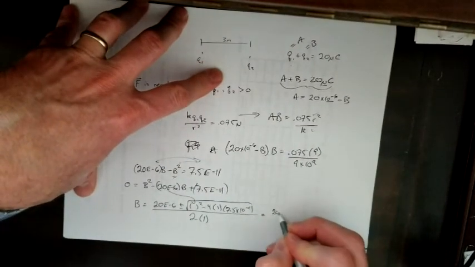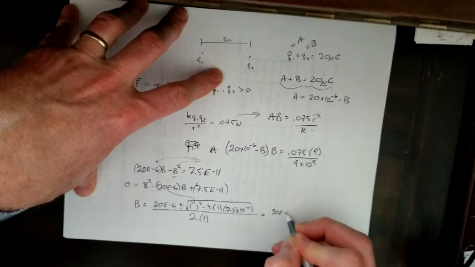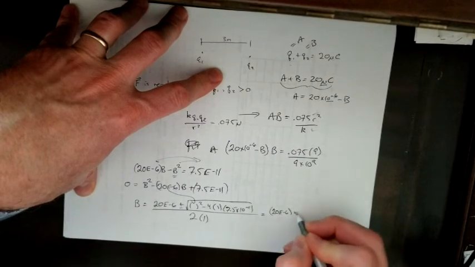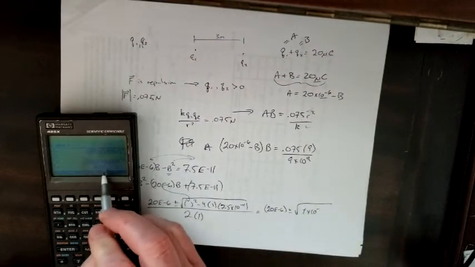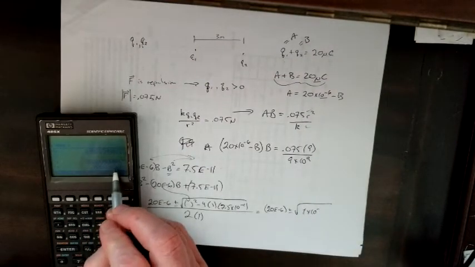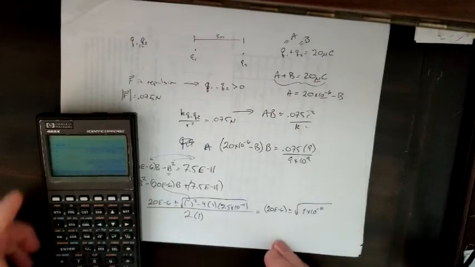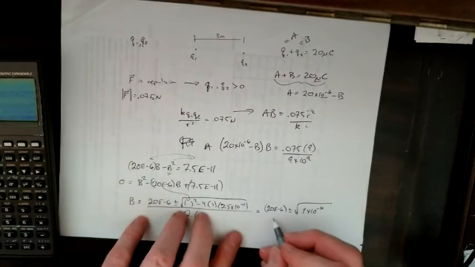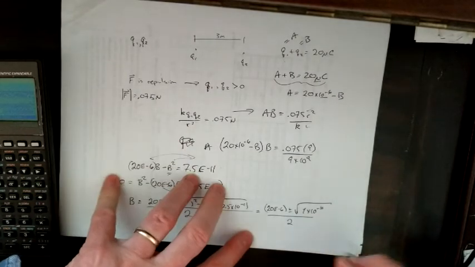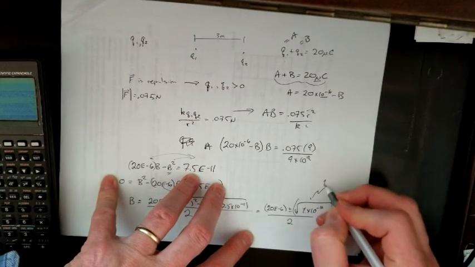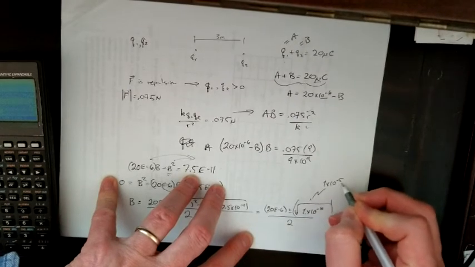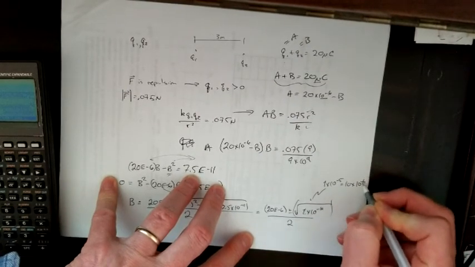And so this becomes 20 times 10 to the negative 6th, plus or minus the square root of 1 times 10 to the negative 10th, over 2. The square root of this is 1 times 10 to the negative 5th, which is 10 times 10 to the negative 6th.